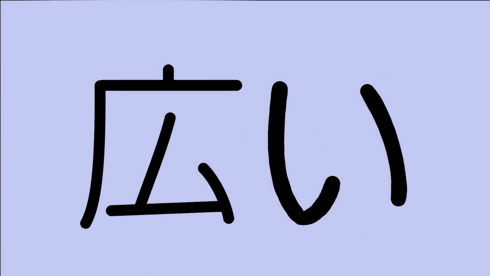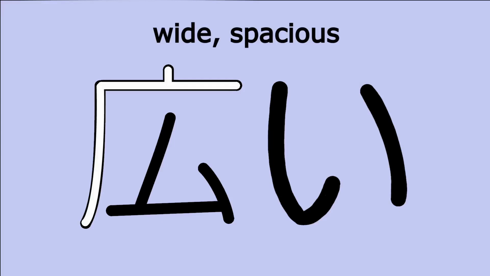Here again we have the hiragana for E to the right, and on the left side we have the kanji for wide or spacious. And within this kanji we have two main structures. The first structure has a roof at the very top, and to the left side it has a wall.